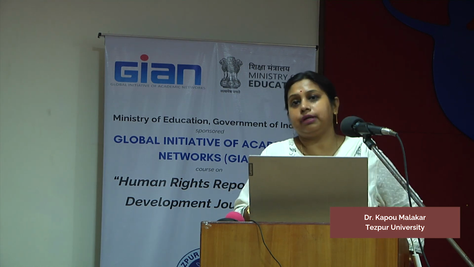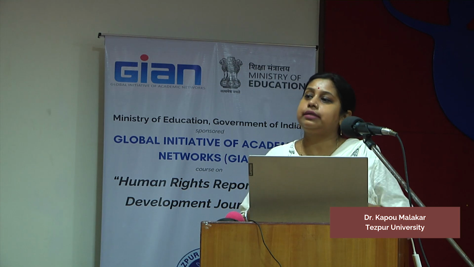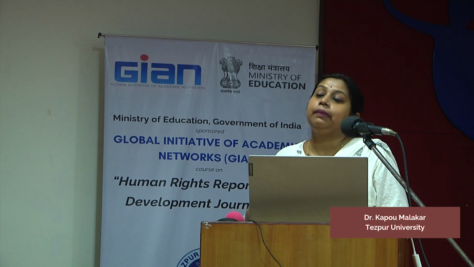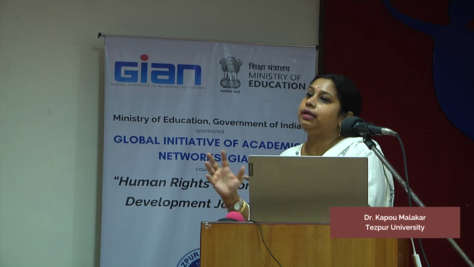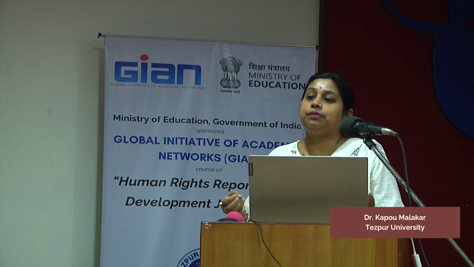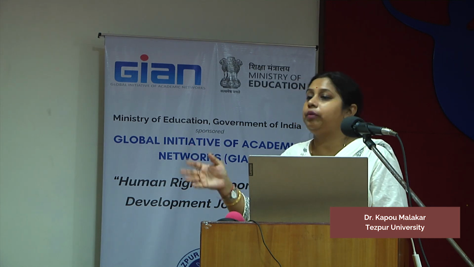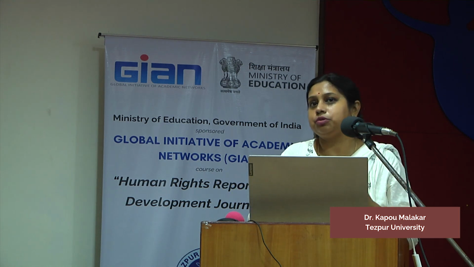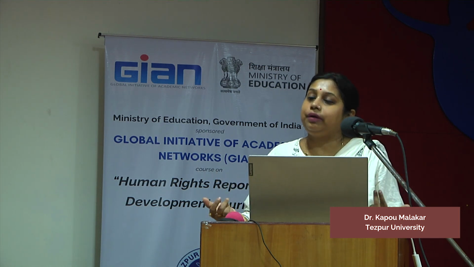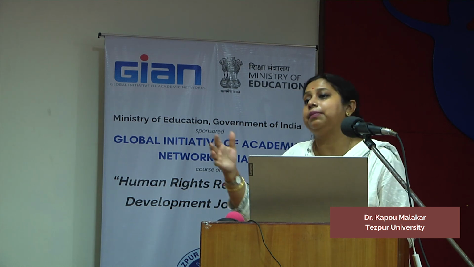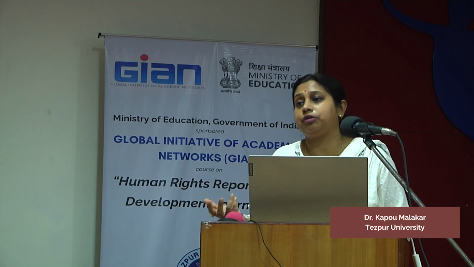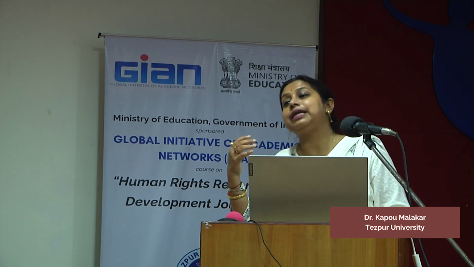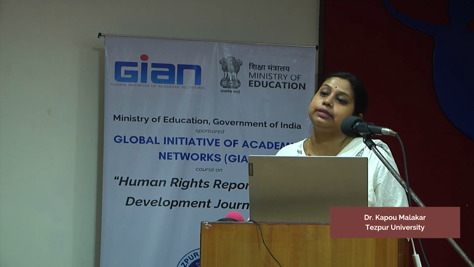NGOs are basically interest articulators, and they try to pressurize governments in terms of bringing some social change and transformation. And when we look at their role in international politics, we see that NGOs usually hold a very amicable relationship with intergovernmental organizations like the United Nations, different organs of the United Nations, different specialized agencies of the United Nations.